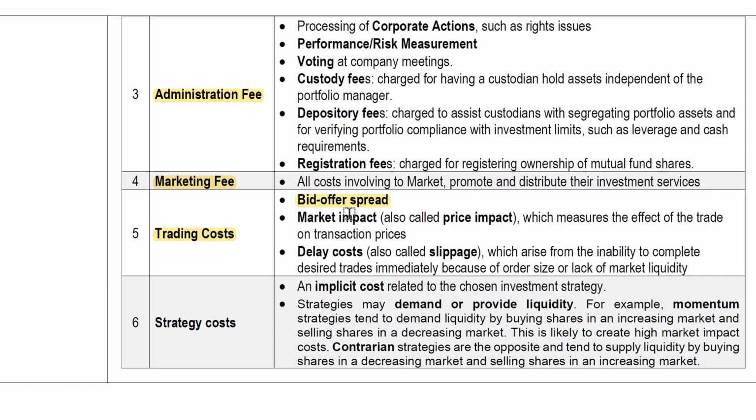If the bid-ask spread is high, when you sell one at a lower price and you have to buy another one at a higher price, think about back and forth. There is a very significant difference between the price you want to sell and buy. So that is the bid-ask spread transaction cost.